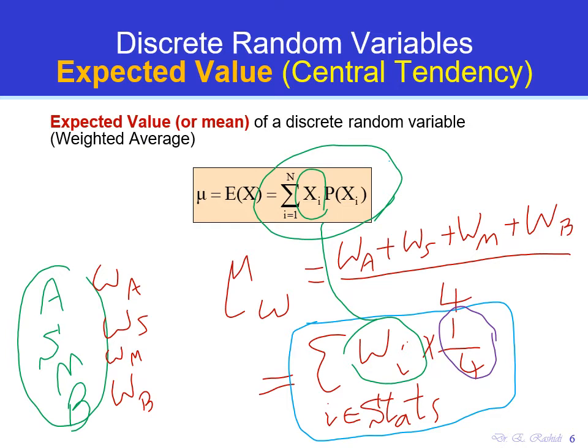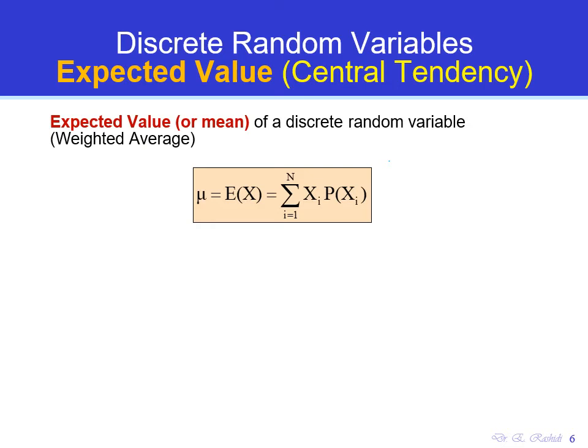It's 1/4. But here we actually have a different probability for each value. So instead of just using 1/n, we use p of x_i, the probability specific to the value that we have. Using this, you can see how this formula or this concept of the average can be extended to a random variable.